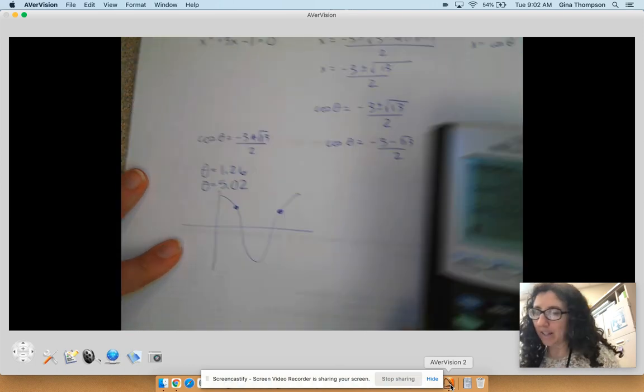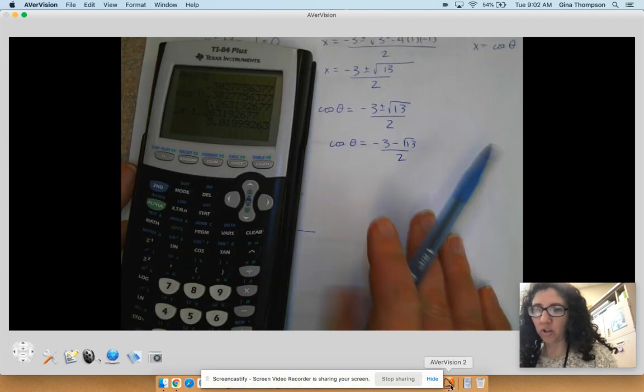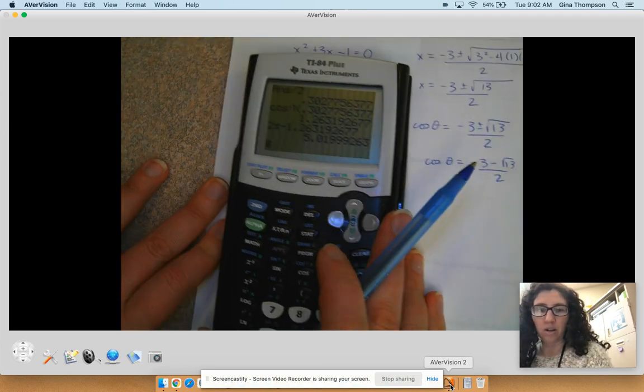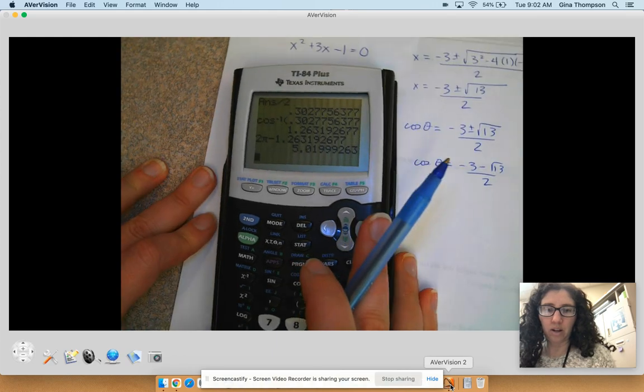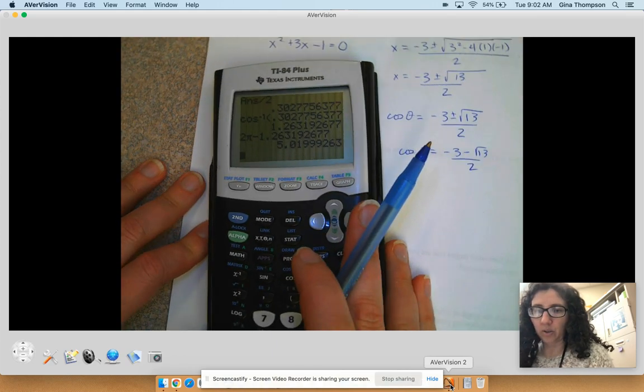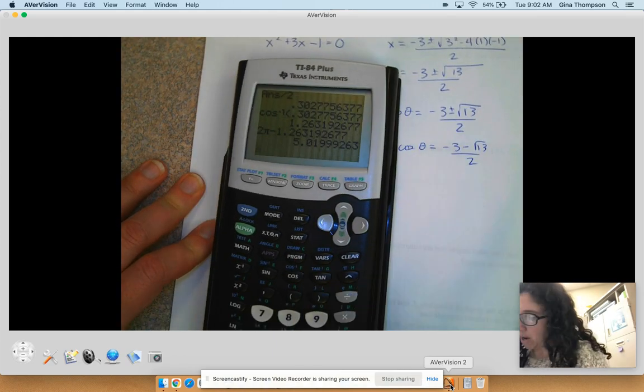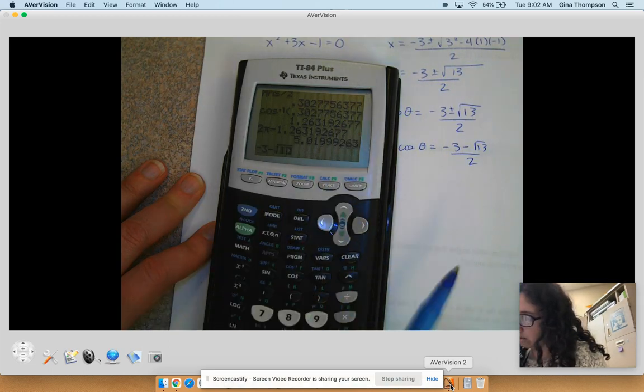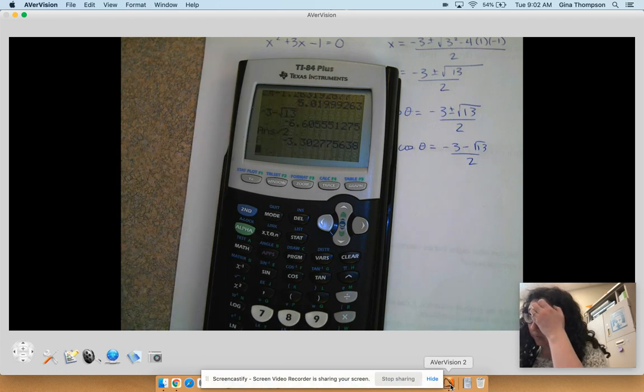And now I have my other equation to solve. All right, so let's say minus 3 minus the square root of 13, divided by 2.